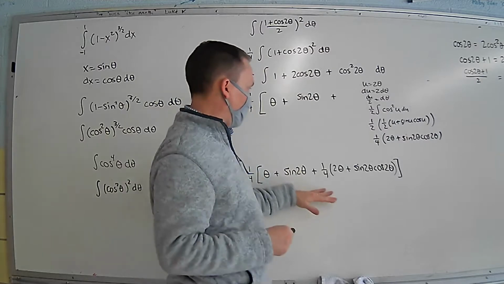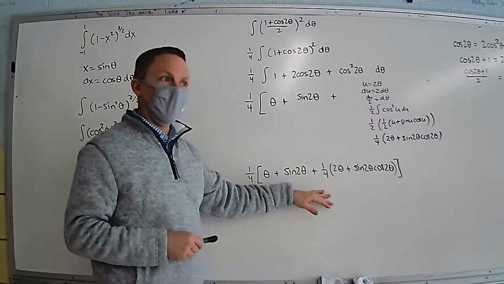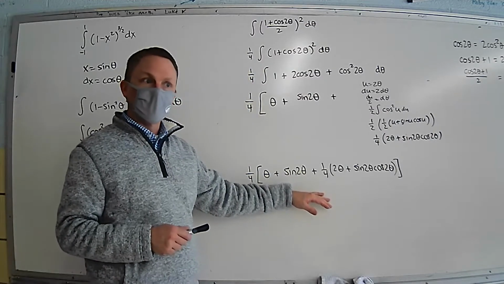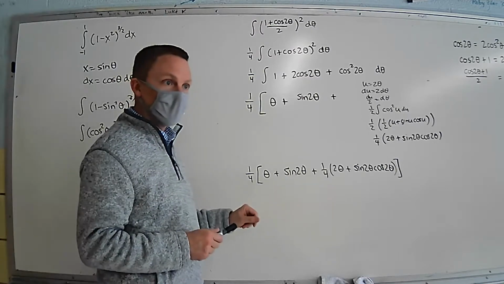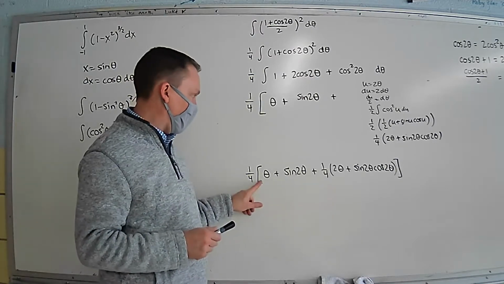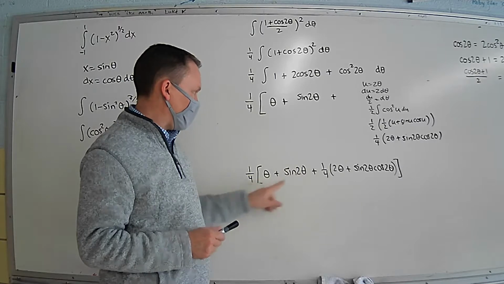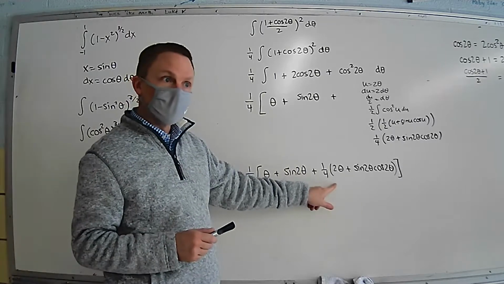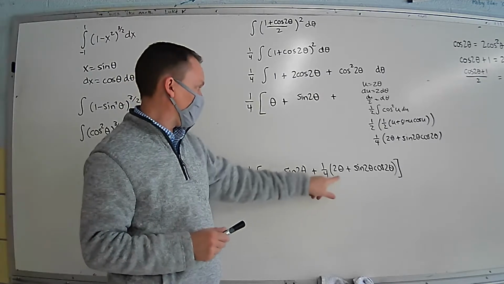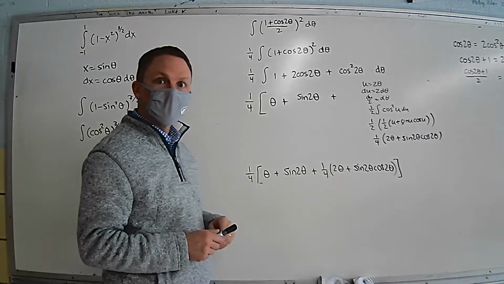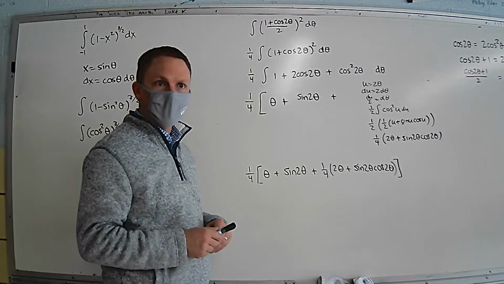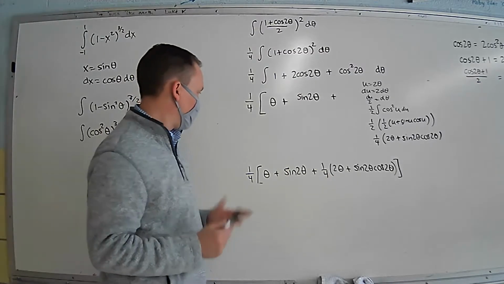Do you want to simplify this first before we put it back in terms of x, or do you just want to go? Because I can do some cleanup here. I see a 1/4 theta here, and I see a 1/4 theta there. And after I distribute that, you guys see that? So let's go ahead and do that.